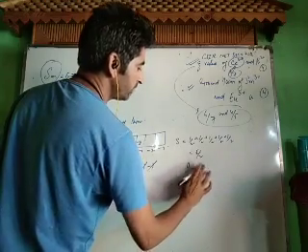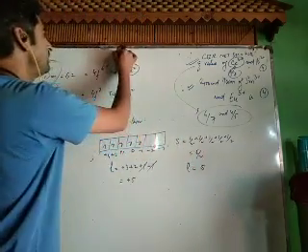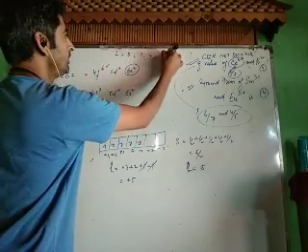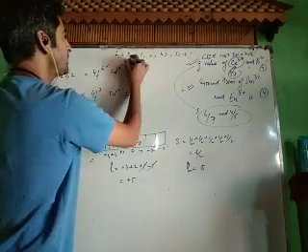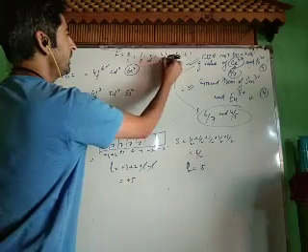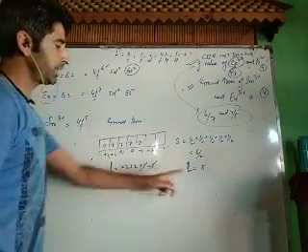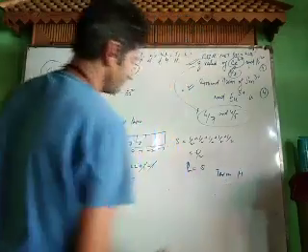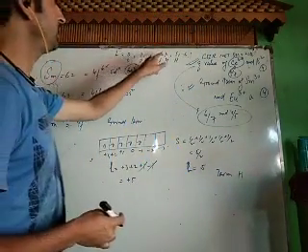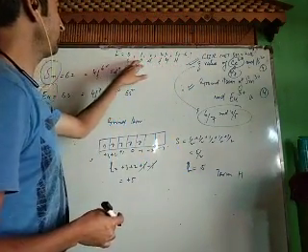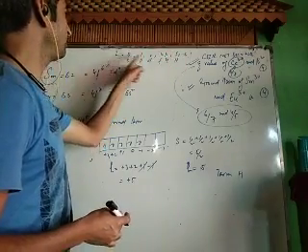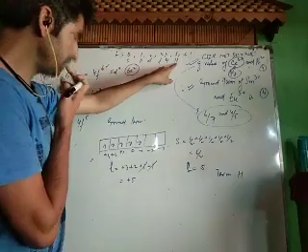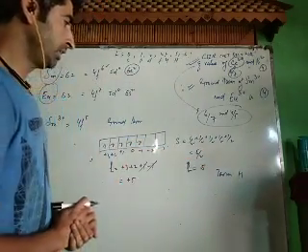Now when L is equal to 5, we know that L equal to 0, 1, 2, 3, 4, 5 corresponds to S, P, D, F, G, H. Since L is equal to 5, therefore the term is H.